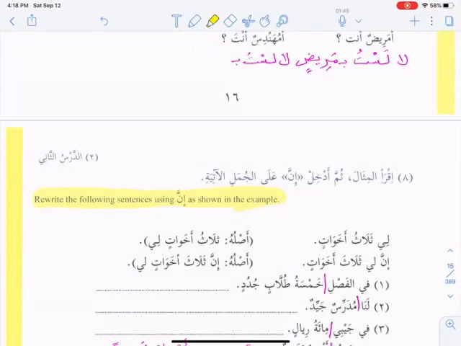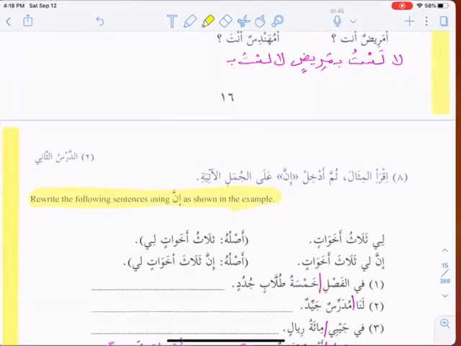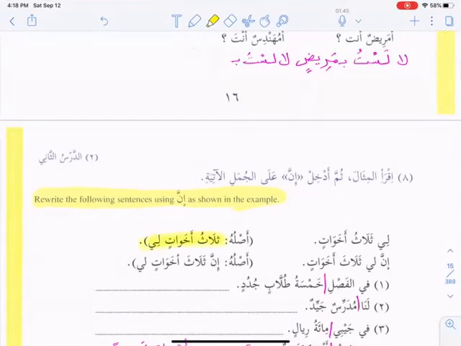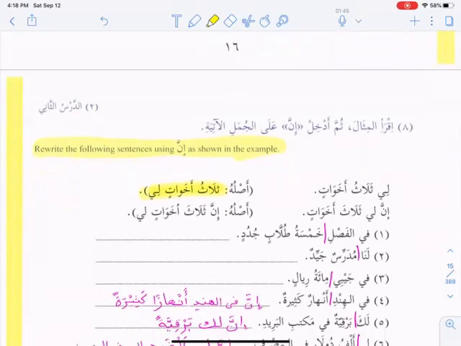Asluhu, what is the original? Inna li salasa akhwatin. Now this is something Dr. Abdurrahim is writing, but we don't write it like that, my brothers and sisters. This is just for understanding. Now, I want to write something and explain it to you.